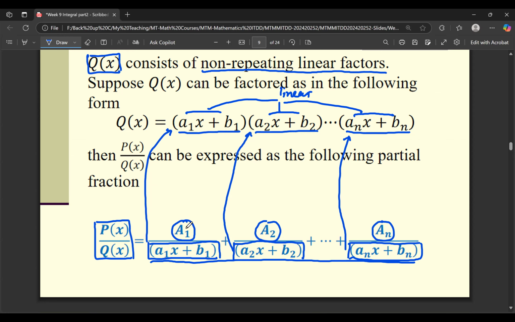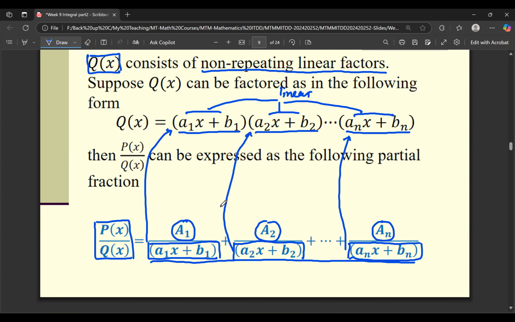And we must find the values of these numerators. Our next effort is to find the value of these constants, and we will do it later.